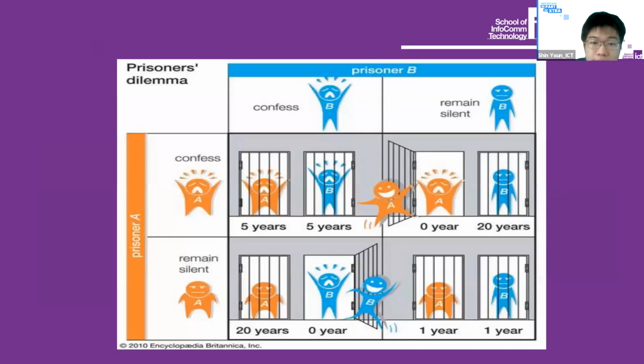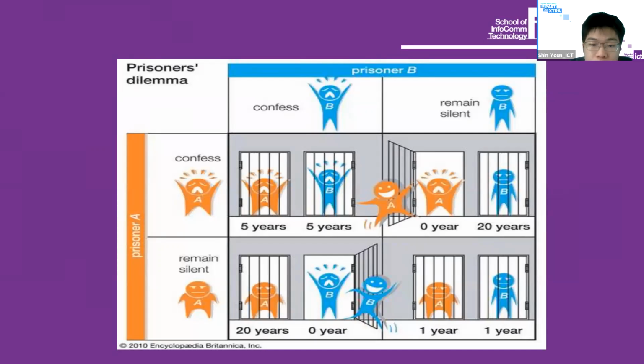So the possible scenarios that prisoner A and B may face are represented by this 2x2 box. Each prisoner A and B is faced with the choice to cooperate with his accomplice by being silent, or to defect from the gang and testify for the prosecution by confessing. So if both of them cooperate and remain silent, they will only face a criminal charge of loitering.